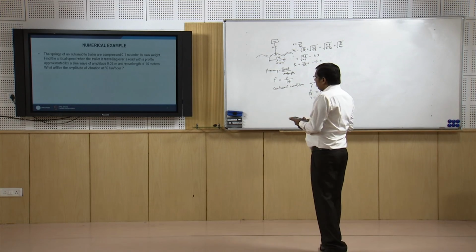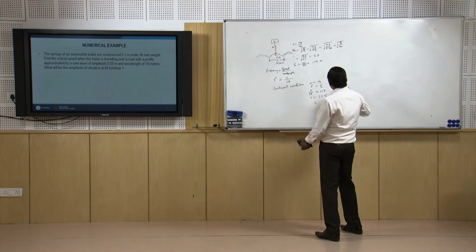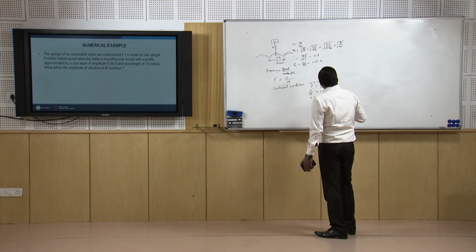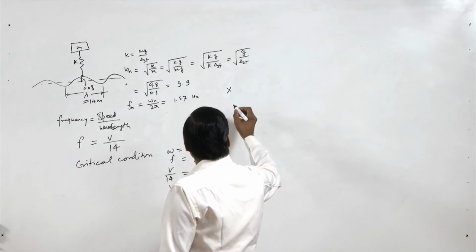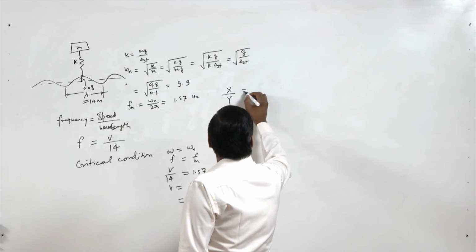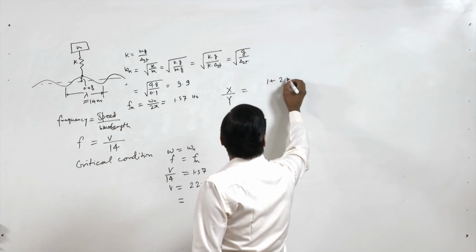Now what will be the amplitude of vibration at 60 km per hour? So we want to know x.